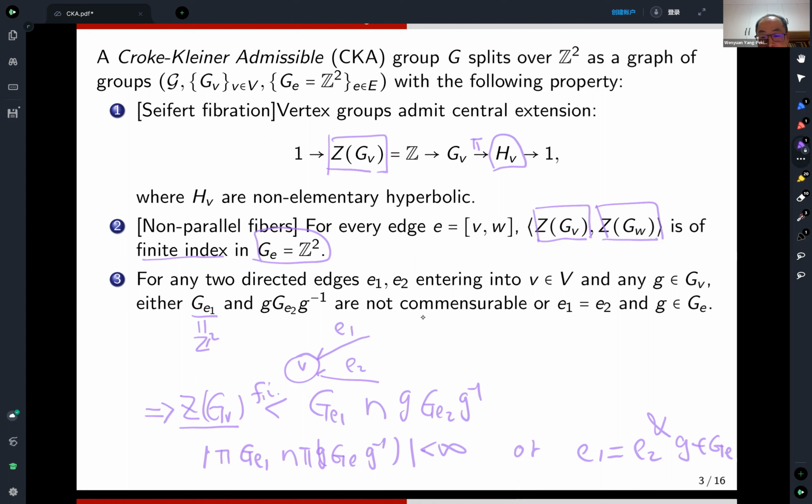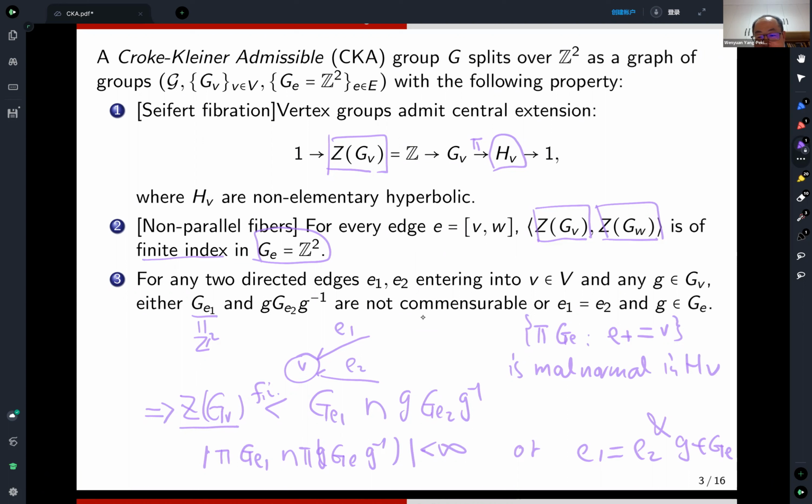So this is the property that this condition says about the relations between the edges.